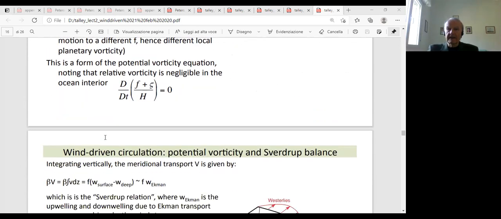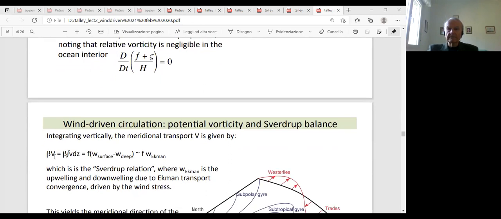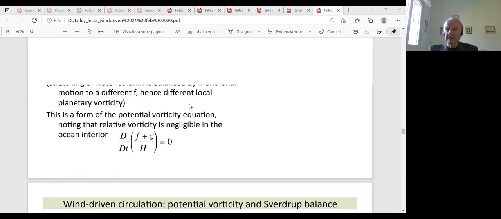Okay, so this is the meridional transport, beta v, which is the product of the beta effect. Beta is the derivative of the Coriolis parameter in the meridional direction, and it is proportional to the vertical Ekman velocity, which is what we mentioned here.